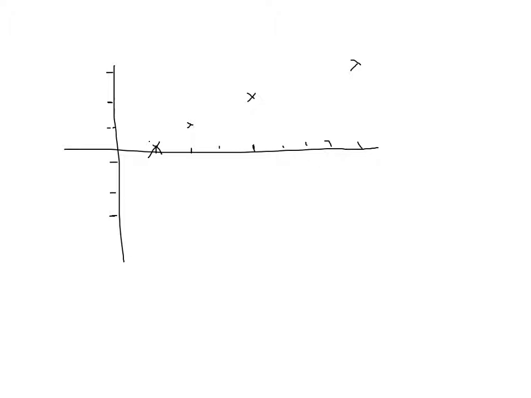And similarly going this way, when x is a half, y is negative 1, negative 2, negative 3 for an eighth, and then we can draw the graph in like that.